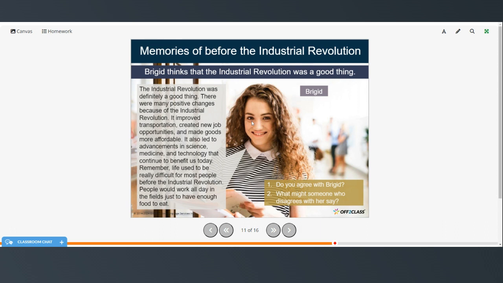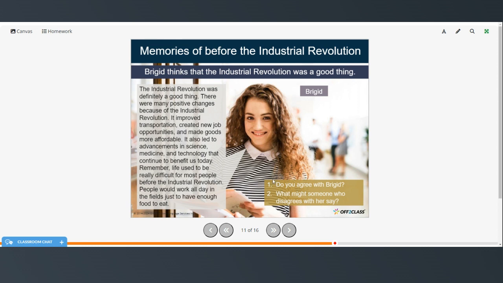There were many positive changes because of the Industrial Revolution. It improved transportation, created new job opportunities, and made goods more affordable. It also led to advancements in science, medicine, and technology that continue to benefit us today. Remember, life used to be really difficult for most people before the Industrial Revolution. People would work all day in the fields just to have enough food to eat.